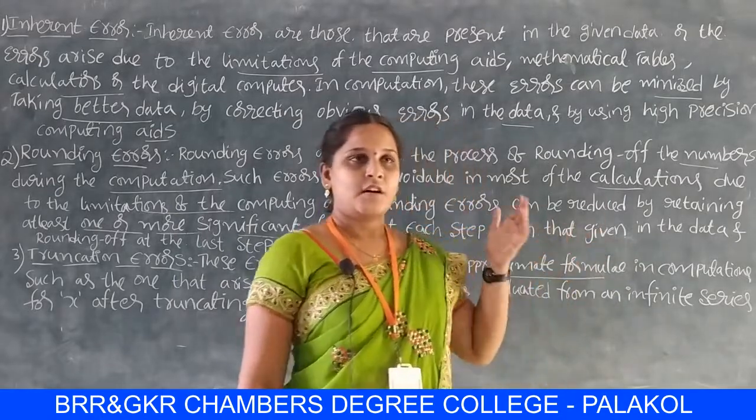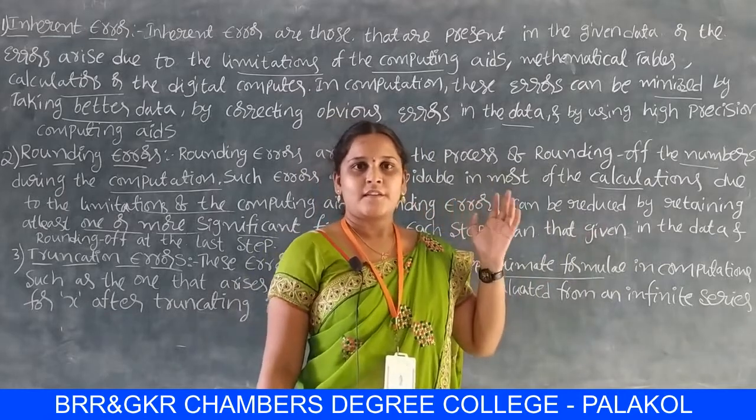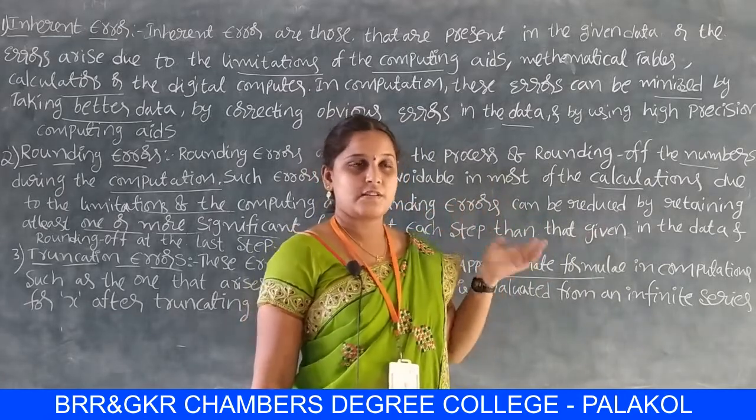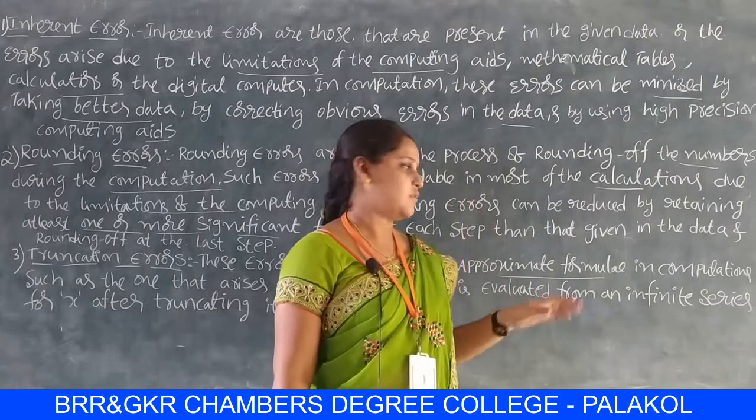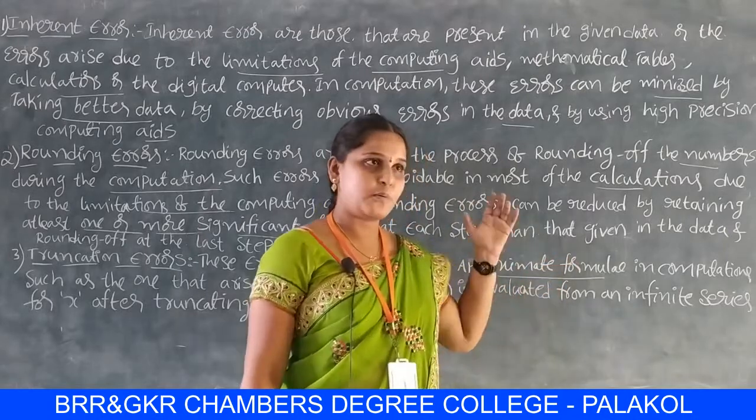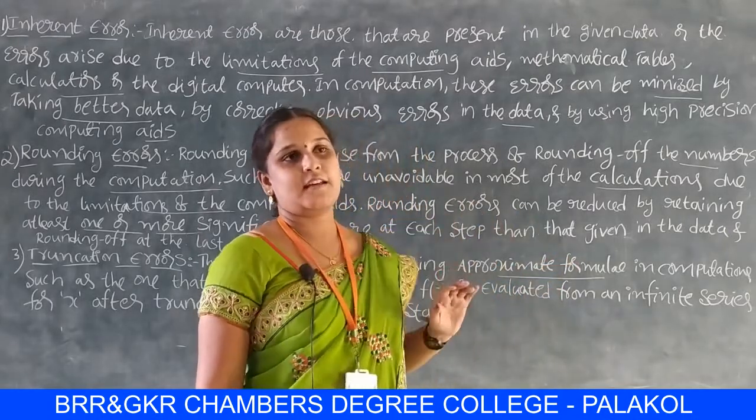We know that for accuracy of numbers there are two different kinds of values: the exact value and the approximate value. The difference from the approximate value is known as the truncating error.